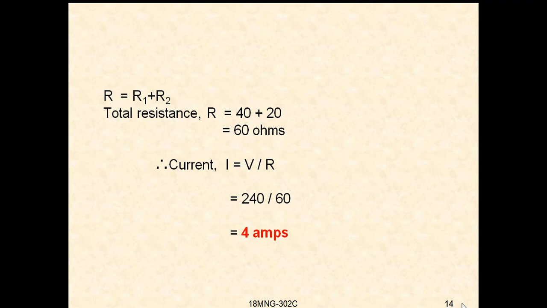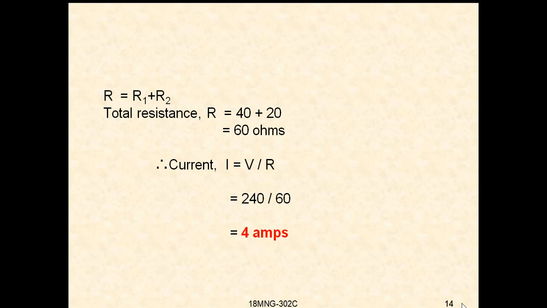And the current I is equal to V by R. So here the voltage is given as 240 and we got the total resistance as 60 ohms.